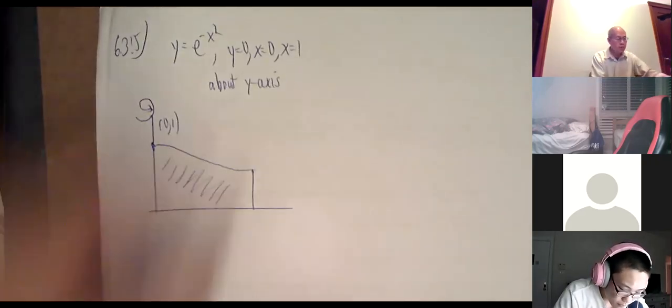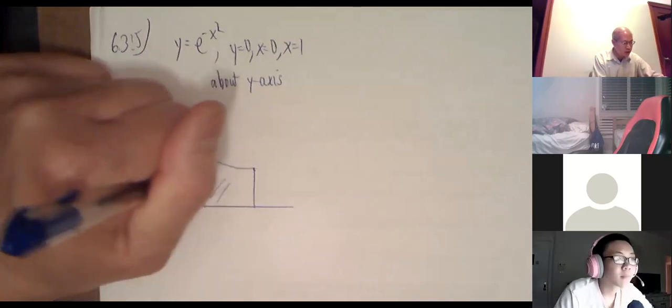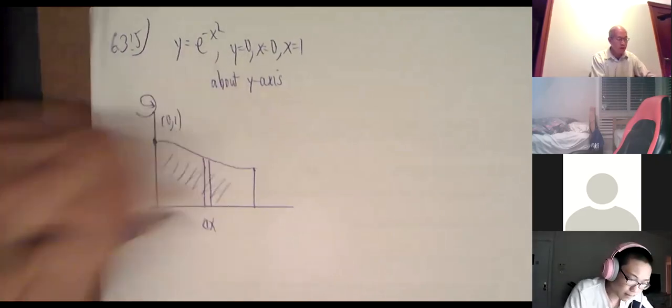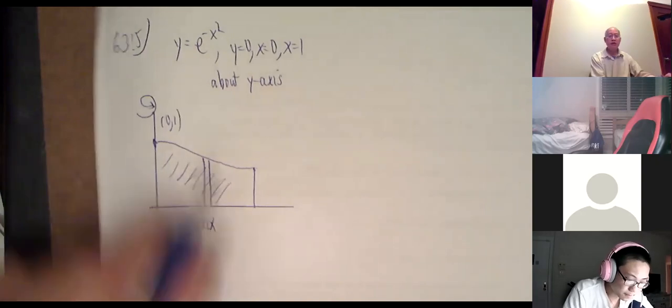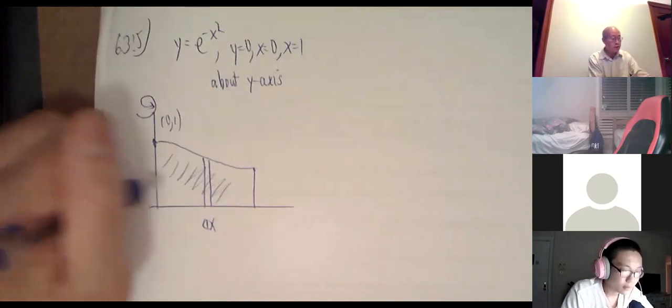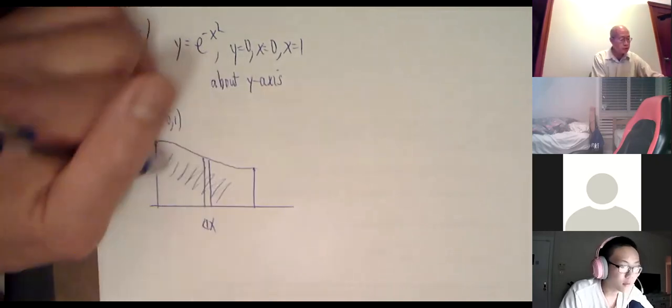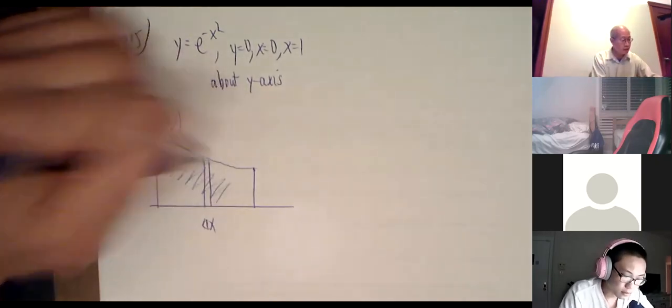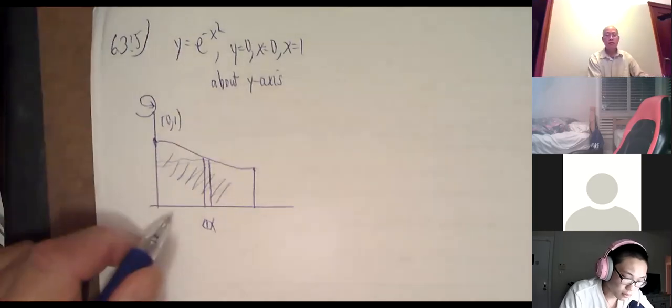To use the shell method means you slice delta x. If I take this piece and spin it about the y-axis, you see shells. That's not true if I did slices delta y. Delta y, I would have disks. Imagine if I sliced like that, then you see disks.